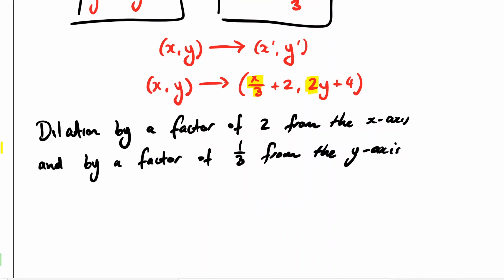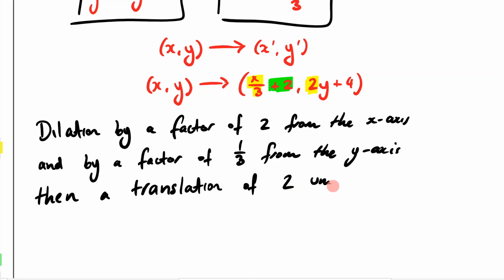My translations are the easiest to read. I've got this plus 2, which is telling me I'm moving 2 units in the positive x direction. Remember the word then. Then a translation of 2 units in the positive x direction.